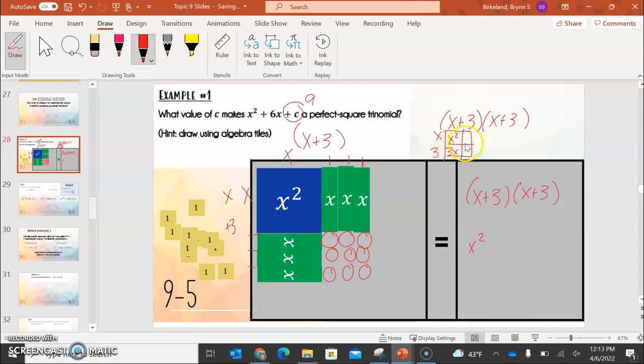We'd have 3x here and 3x here, which would be plus 6x, and our 3 times 3, which is 9. So we're going to be working with trying to complete a perfect square to help us reveal not only the x-intercepts of the graph, but also a vertex of our quadratic function.